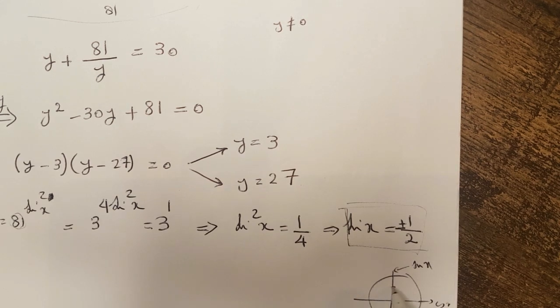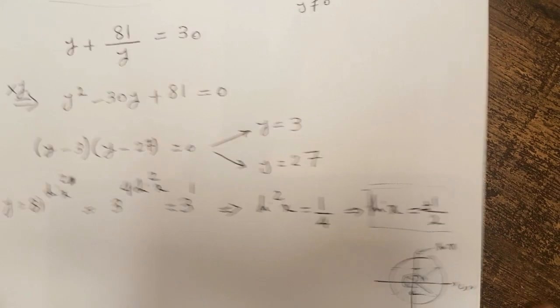So let's say this is sine of x plus and minus 1 over 2. So there are 4 solutions for this. One is here, this alpha, and also one solution which is this one, for 4 solutions.